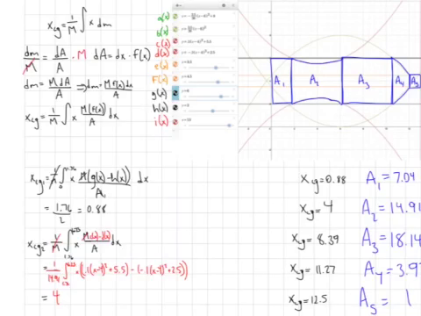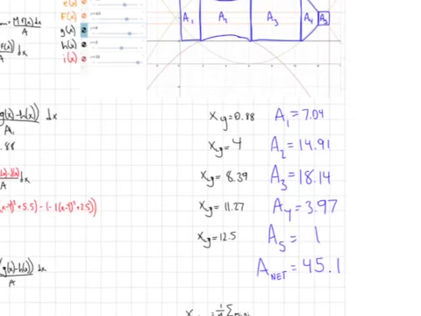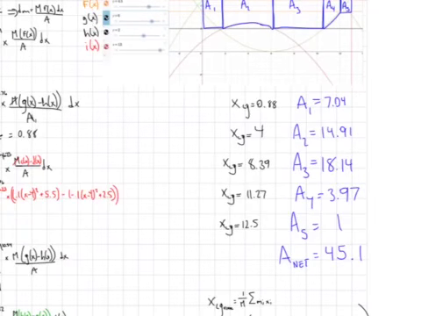So I did this individually, in that xcg1 would be the x center of gravity of A1, xcg2 for section A2, and so on. So here are the numbers you get after doing the integrals and all that math and subbing in. 0.88 for xcg1, xcg2 would be 4, so on over here.